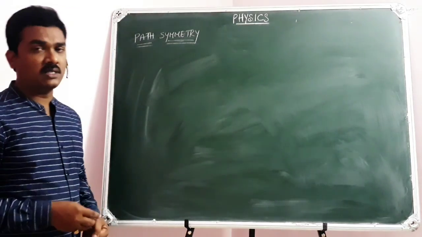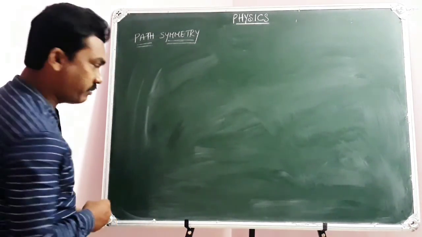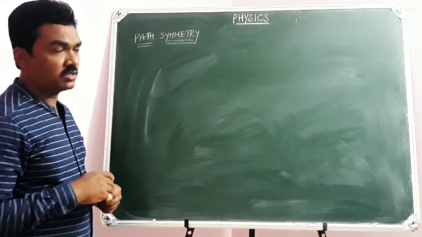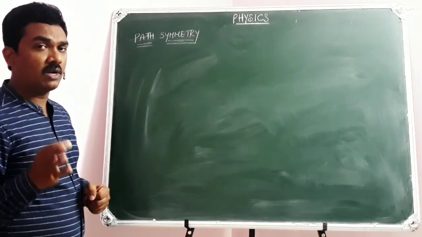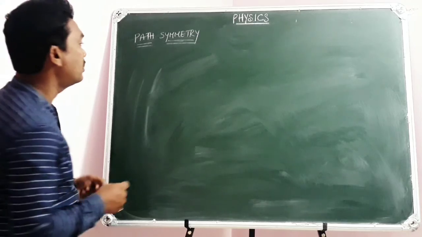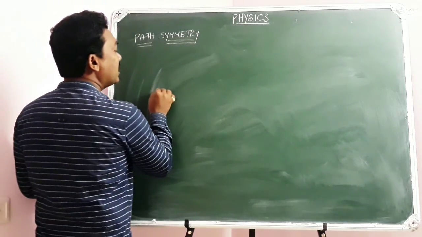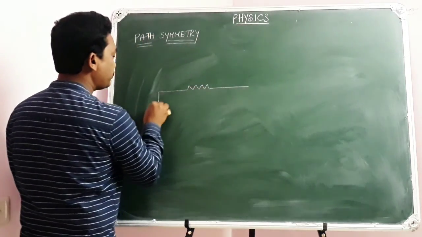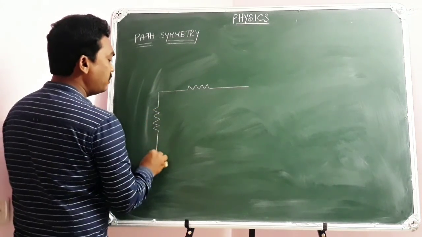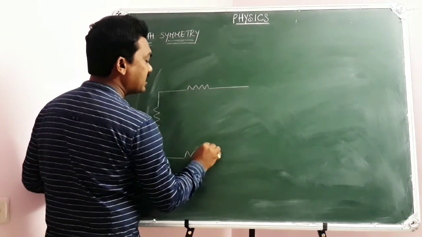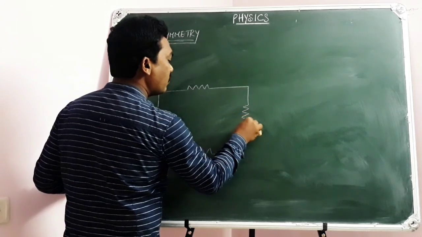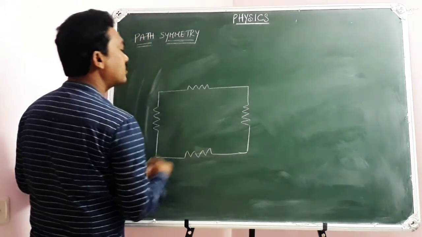Let me explain path symmetry with a small example. Here, there are 12 identical resistors. I repeat, I have taken 12 identical resistors, but they are connected along the sides of a cube. Here, along the sides of a cube, we have 12 identical resistors.